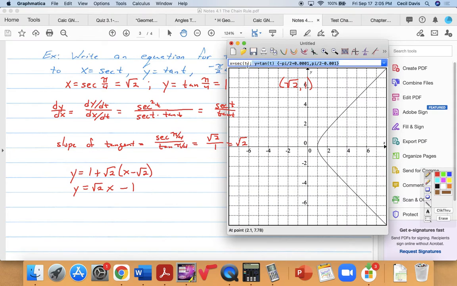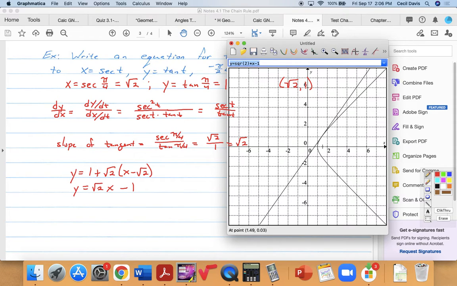And then I'm going to go ahead and put in the tangent line, and hopefully this is going to work out. So y equals, on this one, SQR, I believe, is how you do square root. 2 times x minus 1. And look at that. Nice little tangent line there. And it's at the point that we thought it would be. Square root of 2 is about 1.4.